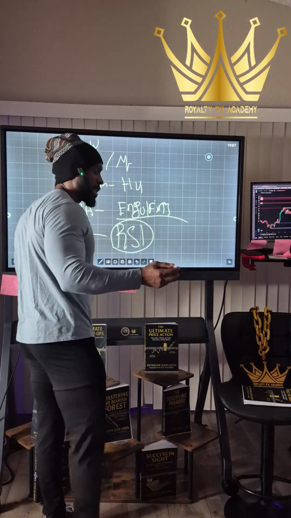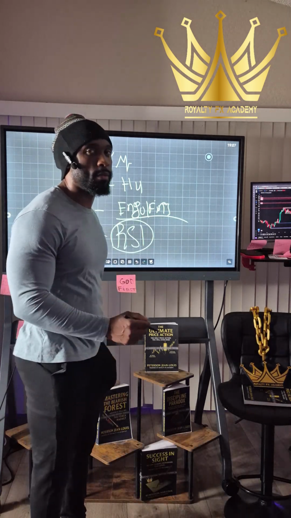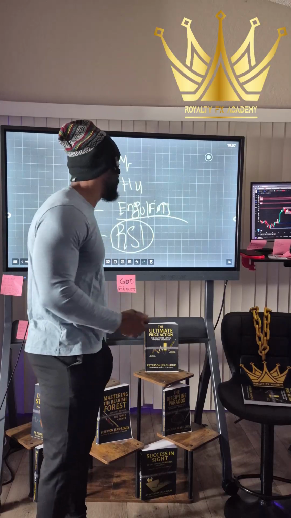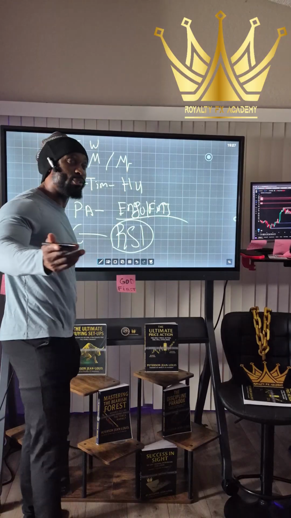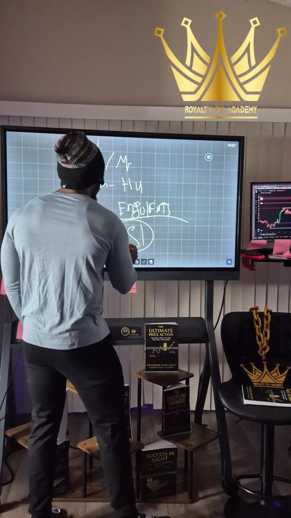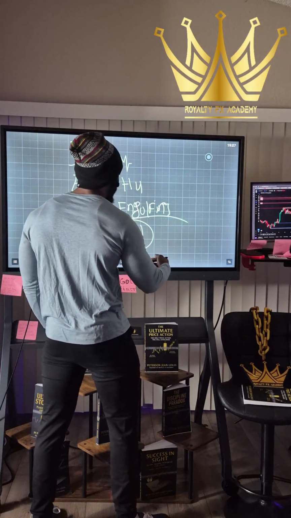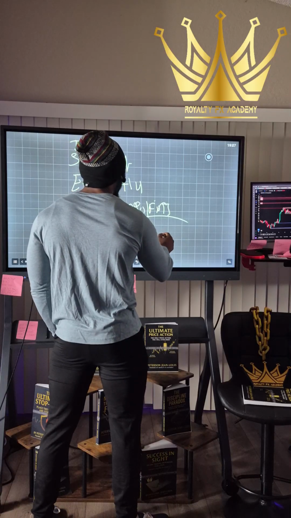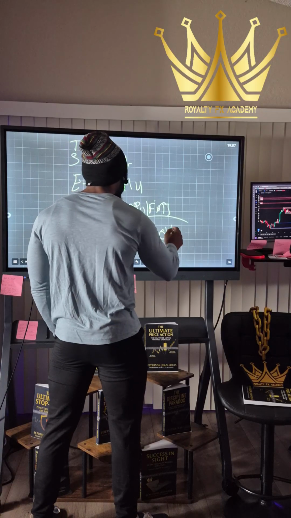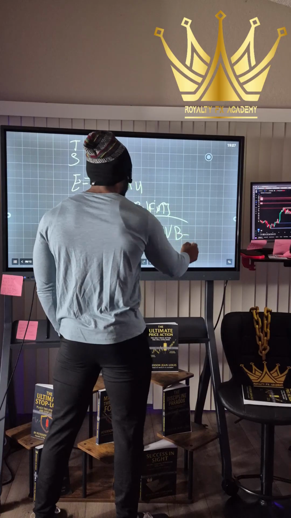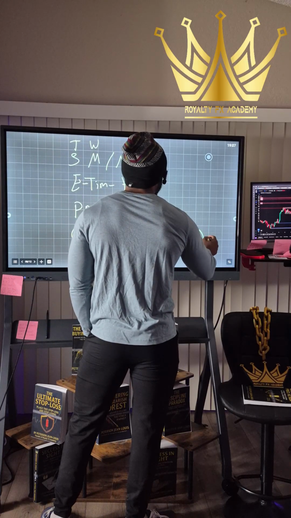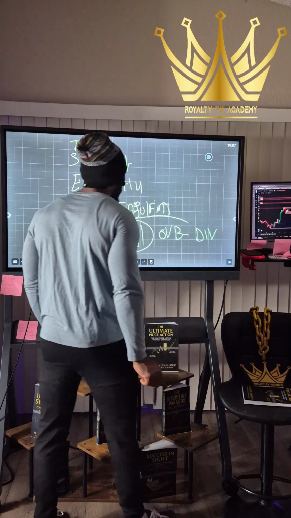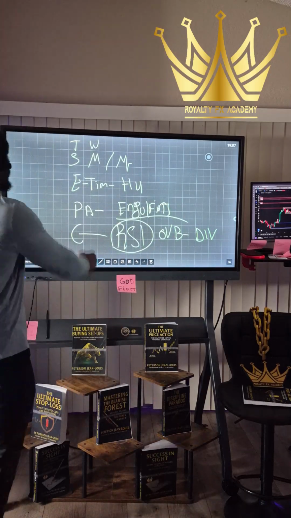So I guess that will be the only indicator that I use. Not saying I don't use the indicator would be me lying. So I do use the RSI though. And again, it has to be either overbought or divergent. Cool. Literally, that's pretty much your trading log.